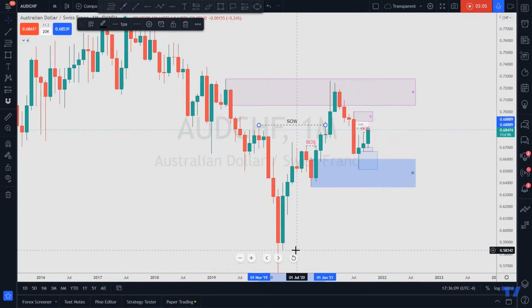All right. So the question we want to leave with when we go through multi-time frame analysis, we want to say, what is the intent of price in this time frame? We understand that price wants to make a higher high. All right. Higher high, higher low, higher high, higher low.